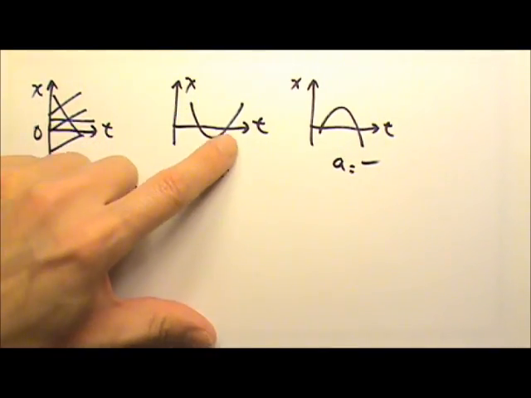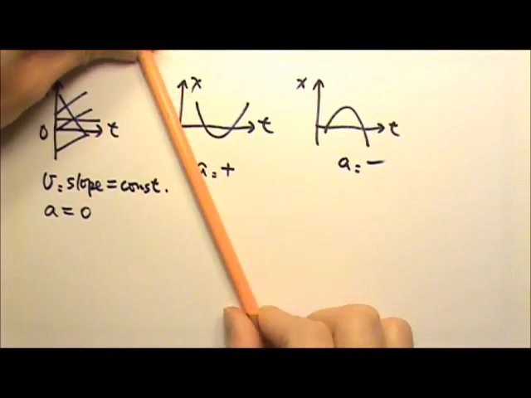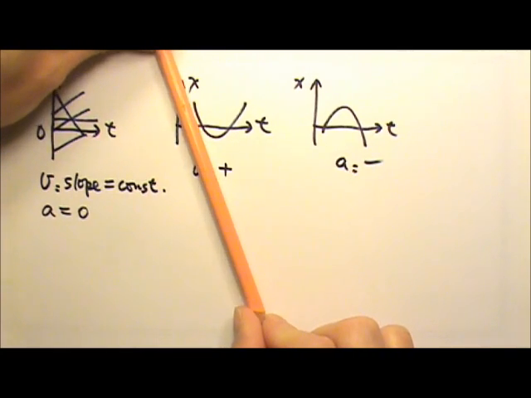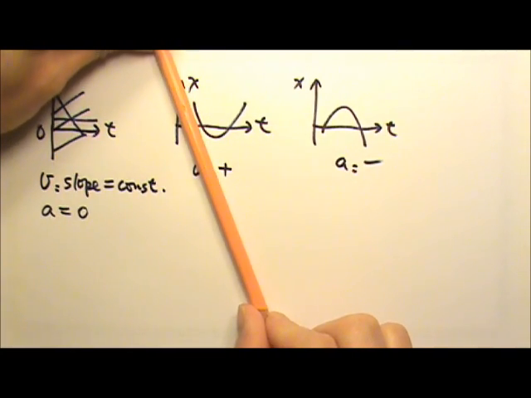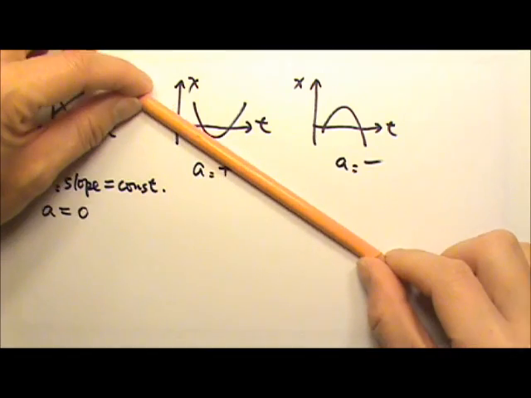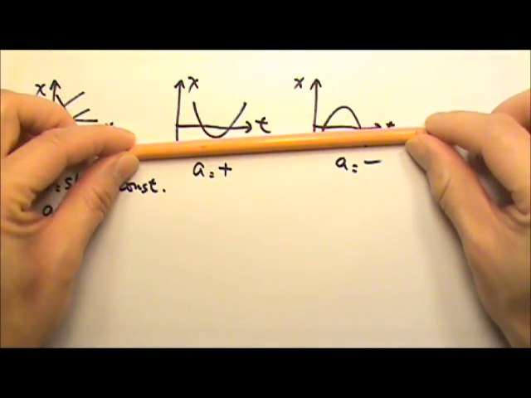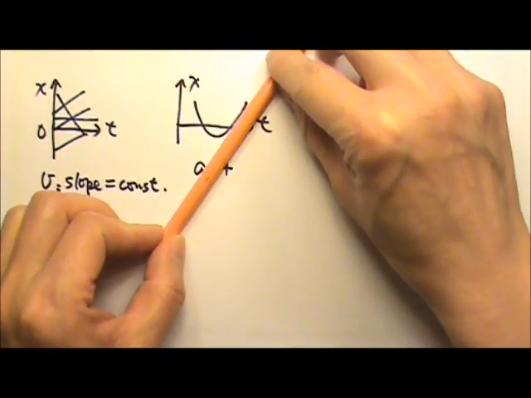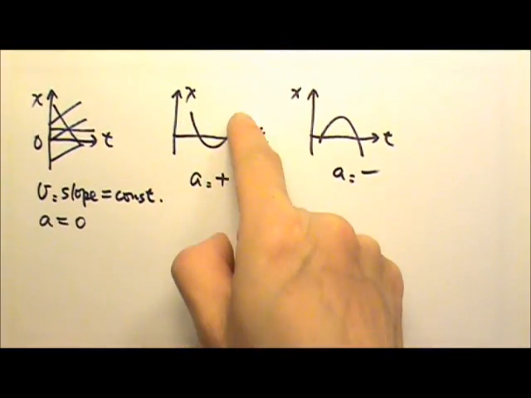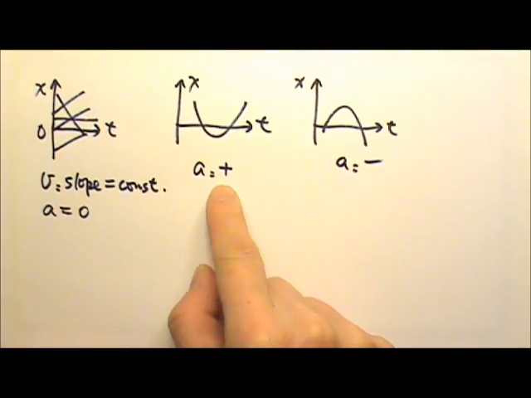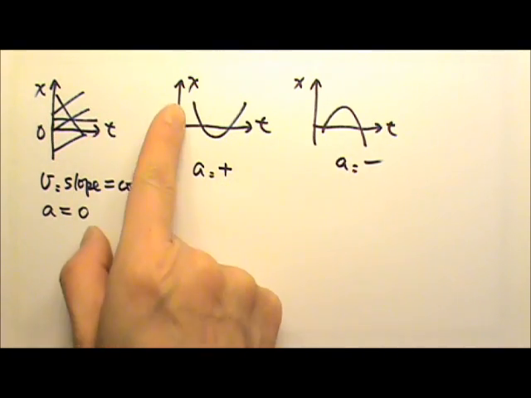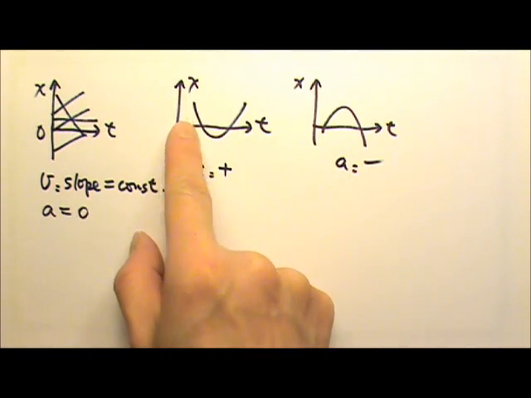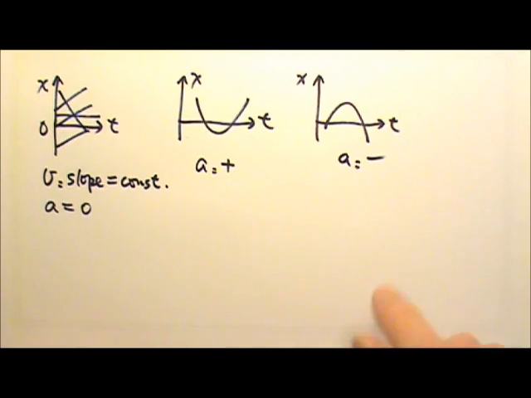Because if we have an upward curve, the slope of this graph starts out negative and then gets less and less negative and then becomes 0, and then the slope gets positive, more and more positive. So this trend gives us a positive acceleration because the velocity is changing in the positive direction.